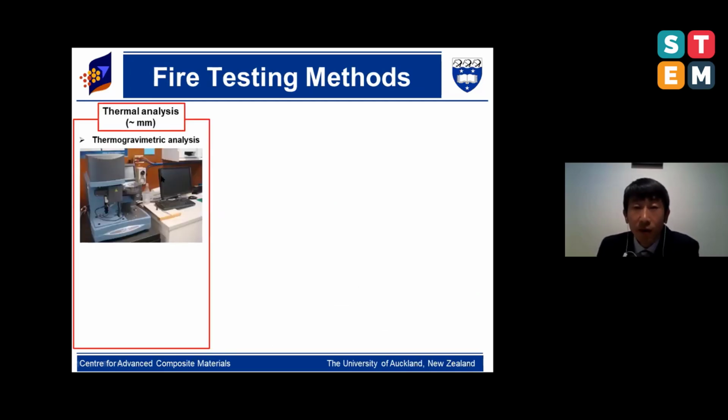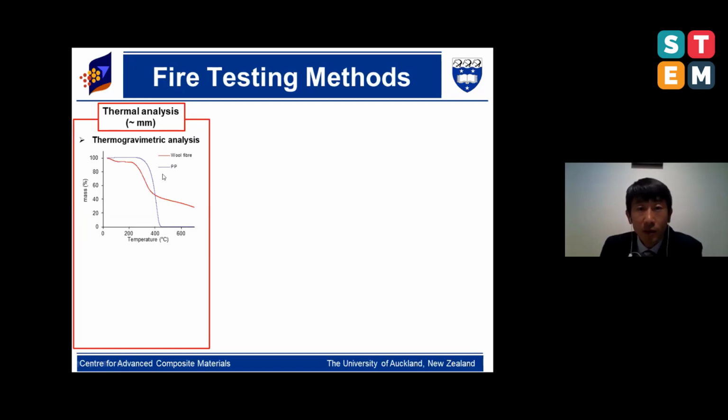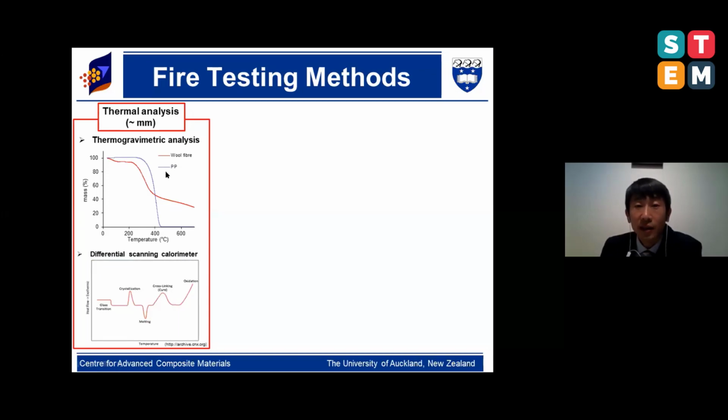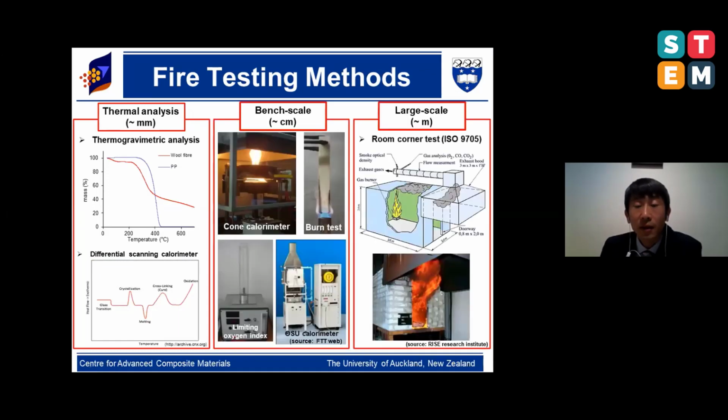For flammability evaluation, we use several techniques. For material analysis, we use TGA and DSC. And for flammability testing, we do bench scale tests and large scale tests. We usually perform the cone calorimeter test and vertical burning test for the composite material.